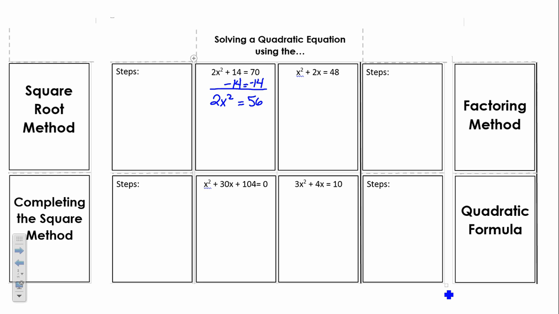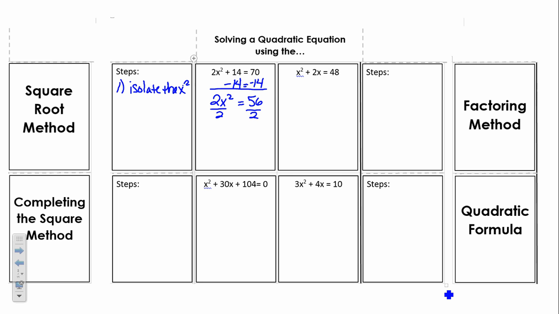So our first step is to isolate the x squared. We're trying to get that all by itself. So we have 2 times x squared equals 56 right now. What's the next step going to be? Divide by 2.